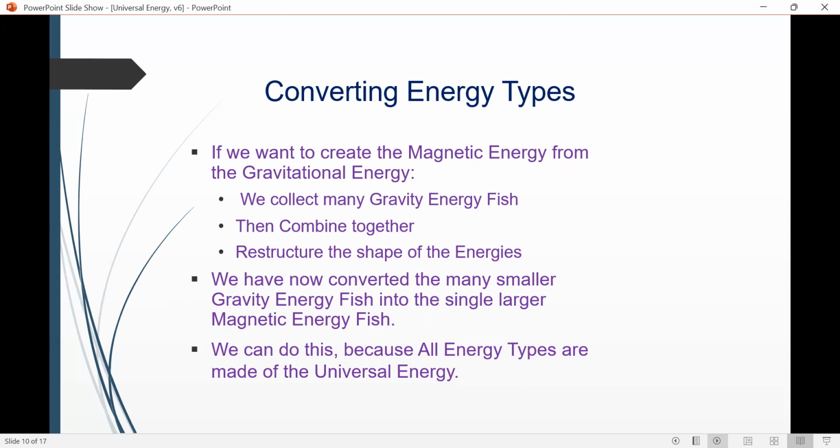We're collecting all this gravitational energy, which is very tiny, but put together into a larger container, and now we have magnetic energy. It's very simple. It works very easily.